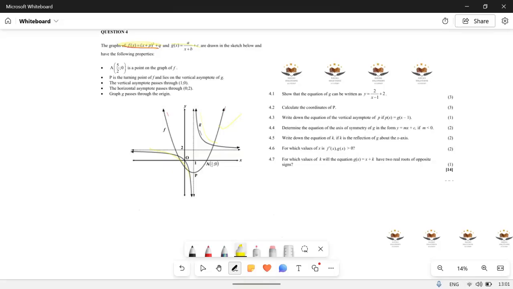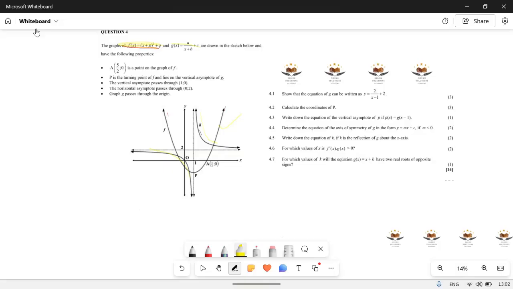We have point A, 5 over 2 and 0, is the point on f, and P is the turning point of f and lies on the vertical asymptote of g. The vertical asymptote passes through 1 and 0, and the horizontal asymptote passes through 0 and 2, and the graph of g passes through the origin.